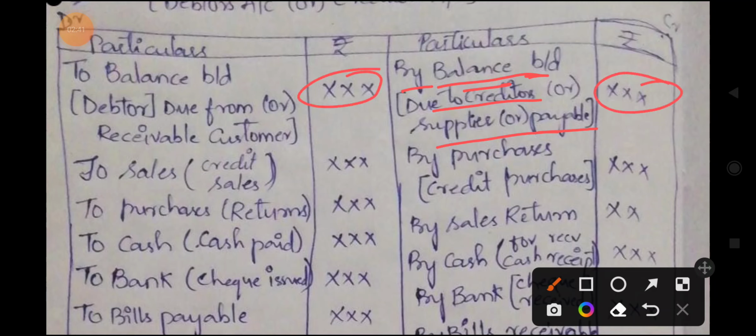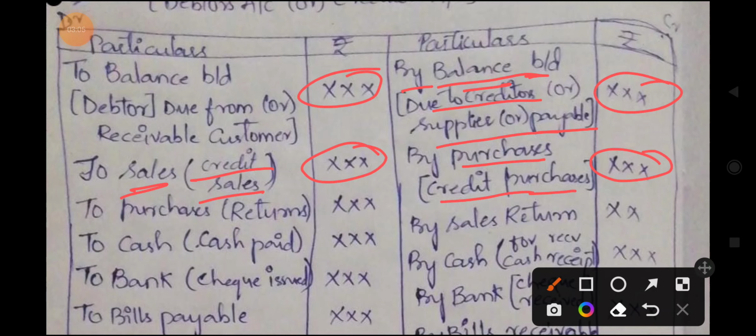If it is payable, credit. For sales, only credit sales, no cash transactions will come in this. So credit sales will be recorded on the debit side. If sales are recorded on the debit side, obviously purchases will be recorded on the credit side. So by purchases on the credit side.